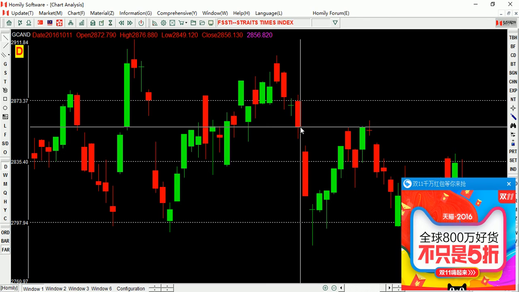The next one is if you confirm that this is the low point or high point. Maybe this is the low point, right? Because this is the yin candlestick, and this one may be a bullish or bearish candlestick. So we can see here, this is the first one, then this is the 2, this is the 3.